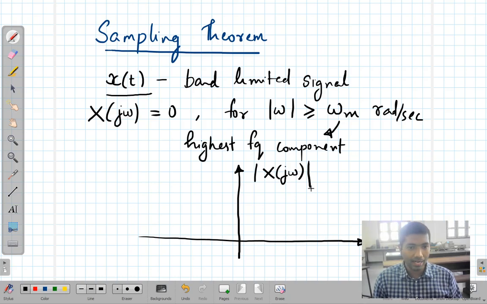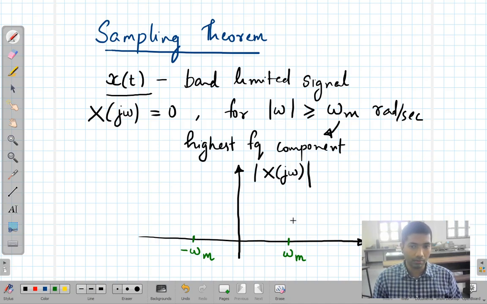As I mentioned previously, there exists a quantity called omega m, the highest frequency component. It is there on the positive side as well as on the negative side, because we have taken the modulus of omega.